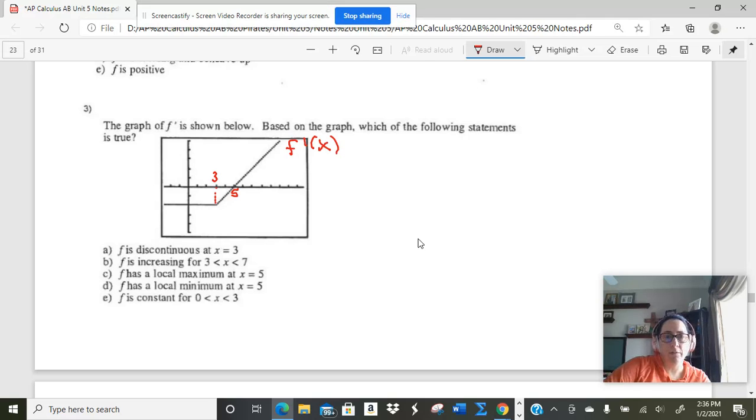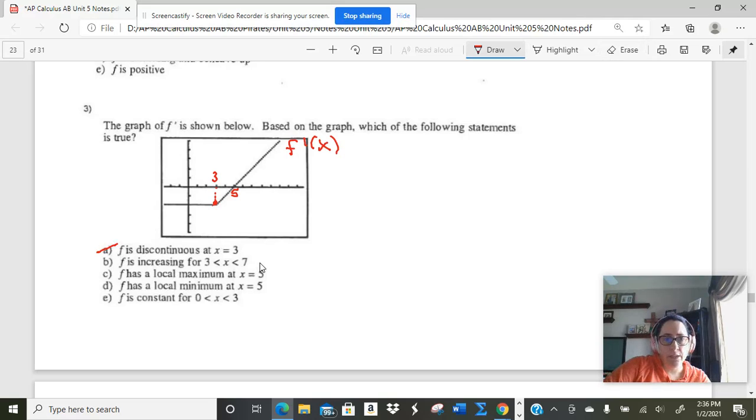So that would mean that f double prime of 3 wouldn't exist. So f double prime would be in D and E. But since the derivative existed there, then f had to have been continuous or I wouldn't have gotten a derivative. It would have been like an open hole or something, which that wasn't the case. So since I have a defined point, the derivative existed, meaning it had to have been continuous.